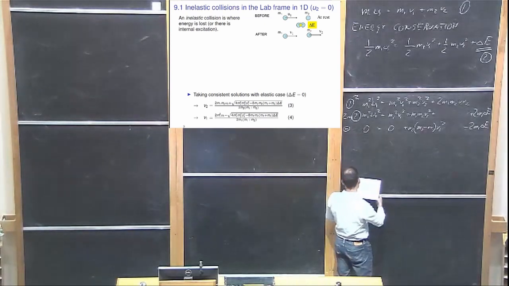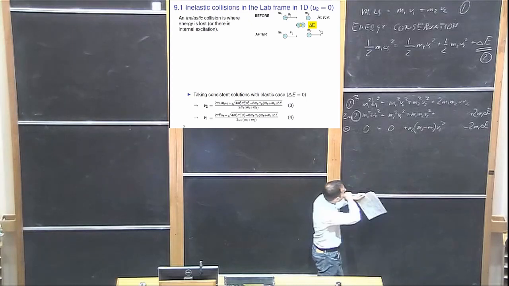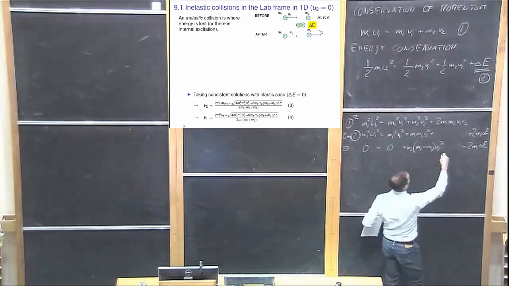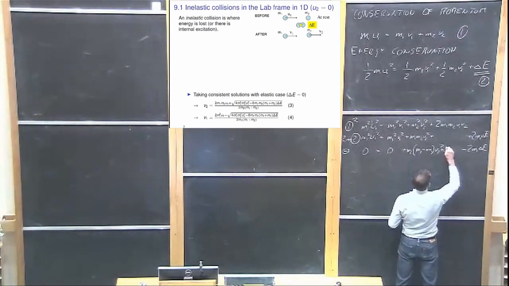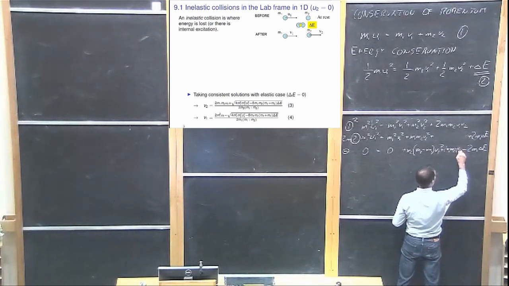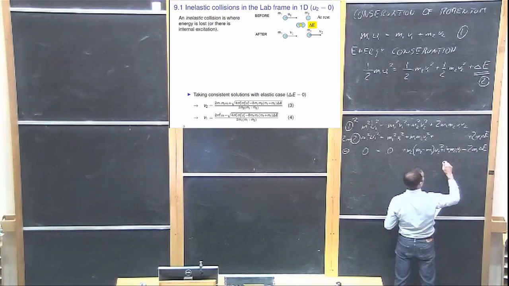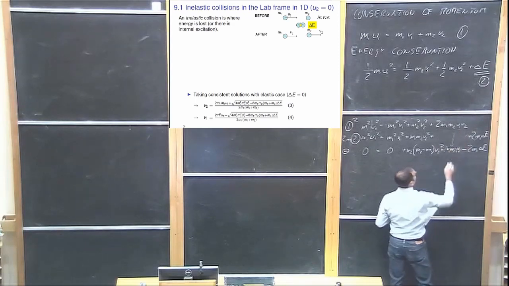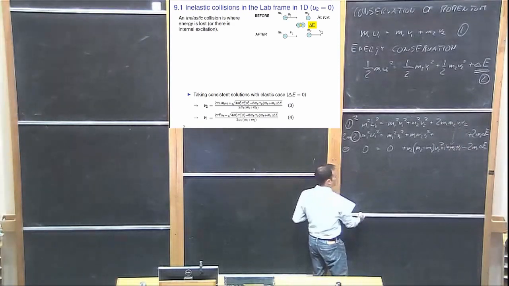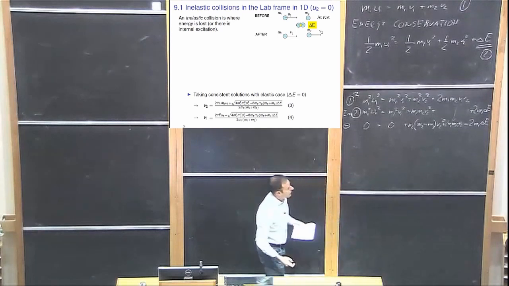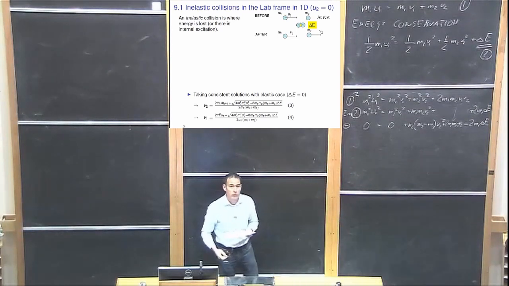Sorry, I forgot one term, this one, plus 2 m1 m2 v1 v2 minus, so that basically goes down there. We've got now an equation where we've got v1 and v2. We need to get rid of one of those.